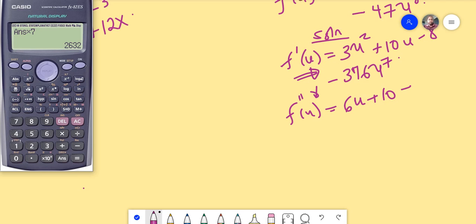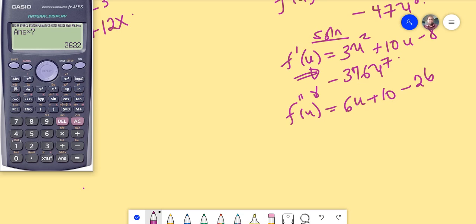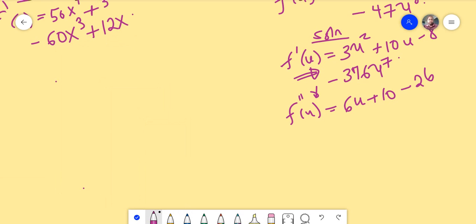We're going to get 2632u raised to power 6. And then you go to the third derivative.